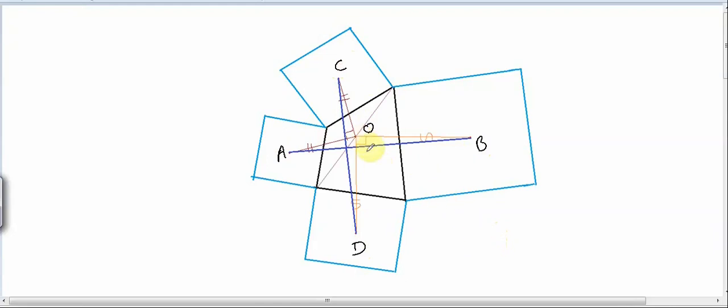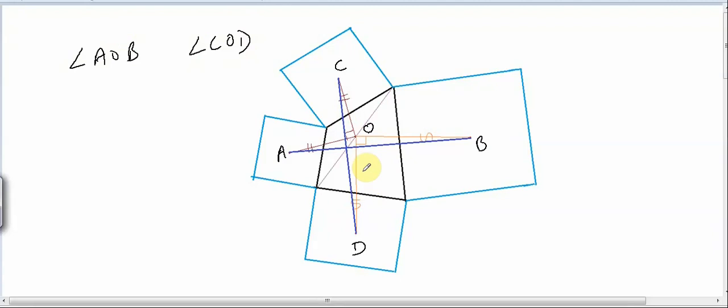Now it is very easy to notice that these two triangles are congruent. Two of the sides are congruent, and the angle between the two sides is also equal. The angle between is angle AOB, and angle COD. Angle AOB is 90 plus this angle, and angle COD is 90 plus the same angle.